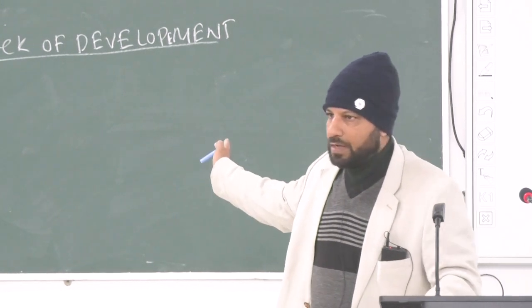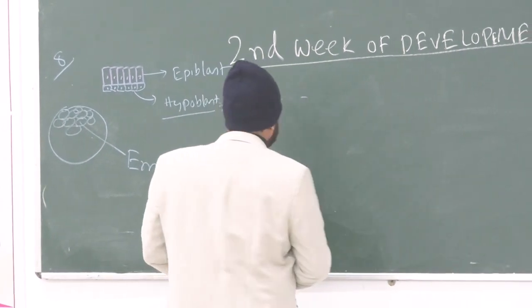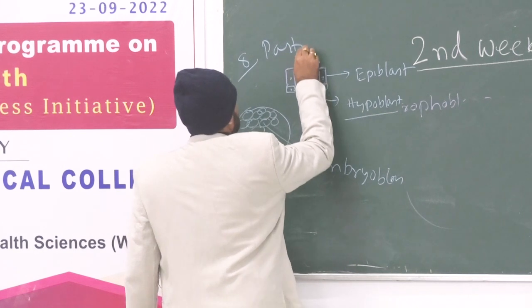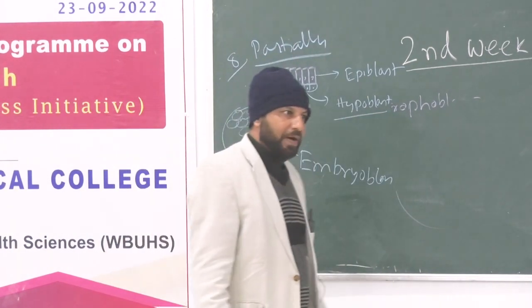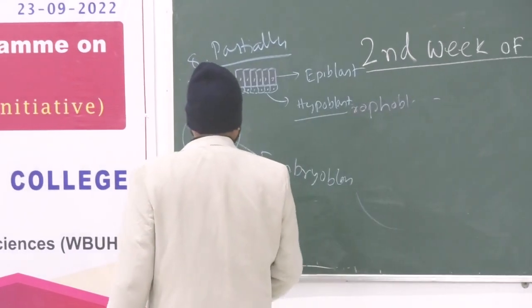On day 8, this blastocyst is partially embedded, partially penetrated in the uterine endometrium, not fully.